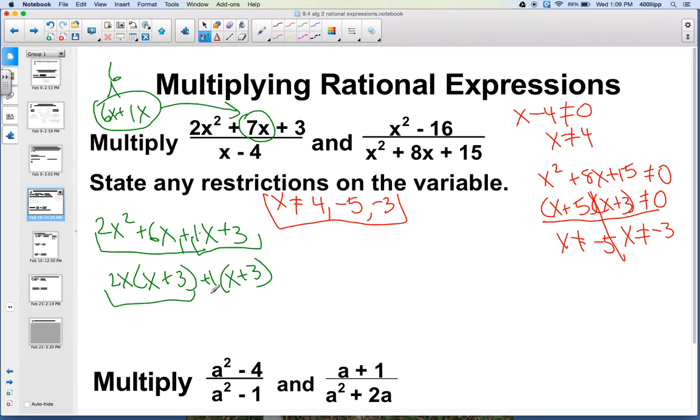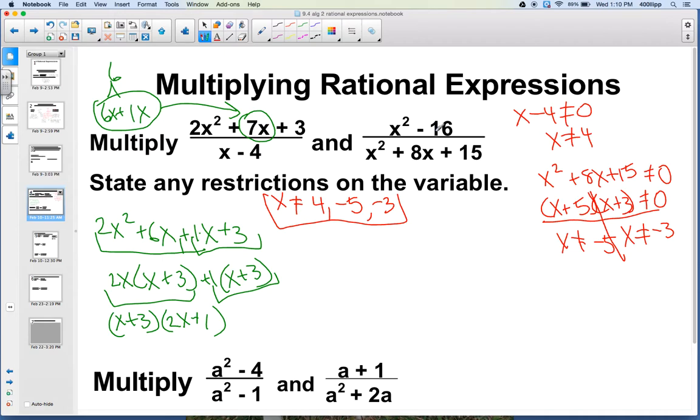Then we look at these two being broken up by the plus. They both have an x plus 3, and when I take out an x plus 3 here, I'm left with a 2x plus 1. Okay, so that's the numerator being factored.